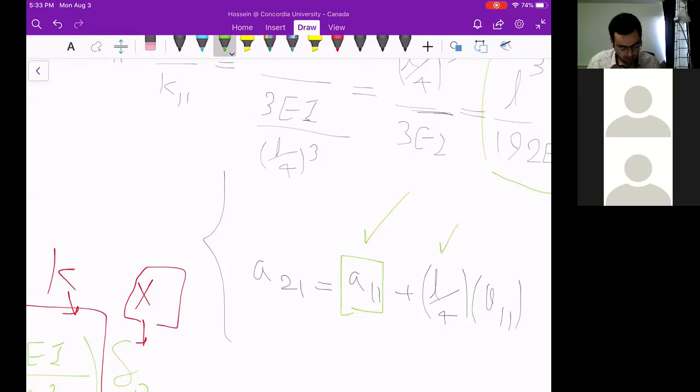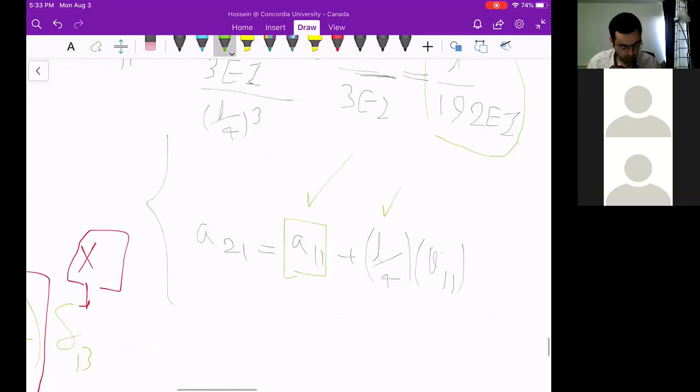And theta 1, the slope at the tip at L over 4, there's a formula like I wrote, PL squared over 2EI.